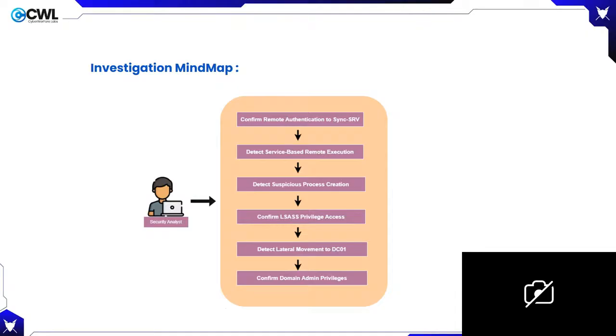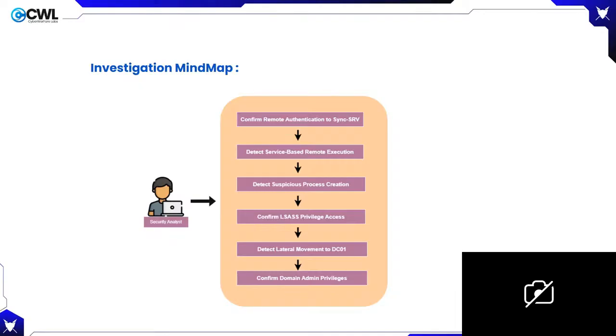So let's see the investigation mind map, like how we are going to solve this challenge. First, we will confirm that an attacker has gained remote authentication to the member server. Here, SYNC-SRV is the member server. Then we detect service-based remote execution, that is system execution, and then we detect a suspicious process creation in the logs.